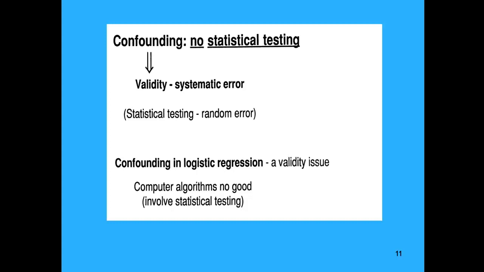Validity has to do with, remember there are two kinds of error, systematic error and random error? When you're talking about confounding, you're talking about systematic error. Are you estimating the right thing? If you're doing random error, then you can talk about doing a test. But confounding has to do with whether you're shooting at the right target, essentially. And that's why you don't test for confounding.